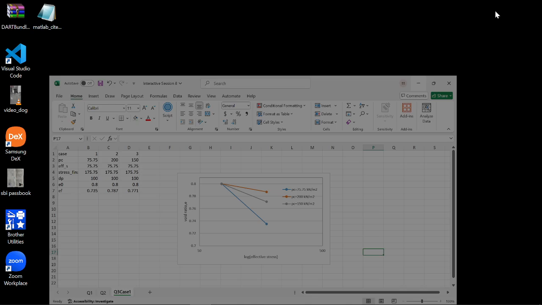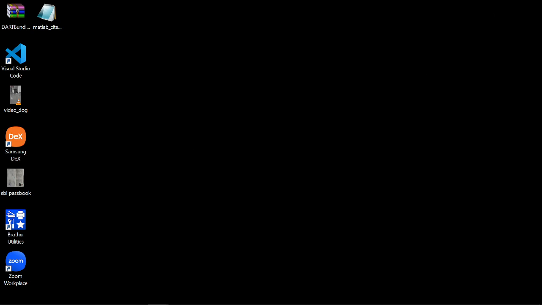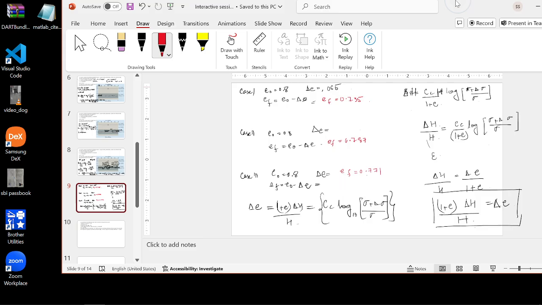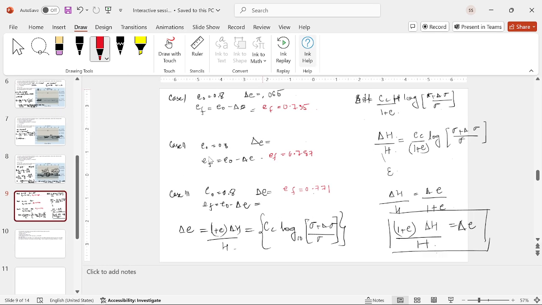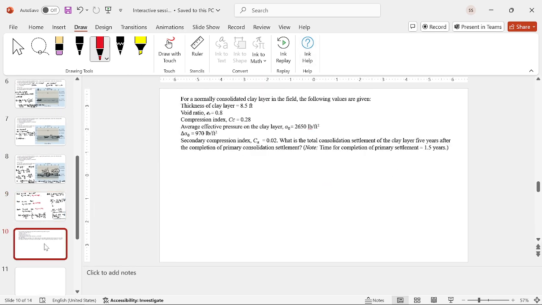So I had one more question lined up for today, but it seems like our time is up. But let me just go through this question as quickly as possible. So the normally consolidated clay layer in the field, following values are given.